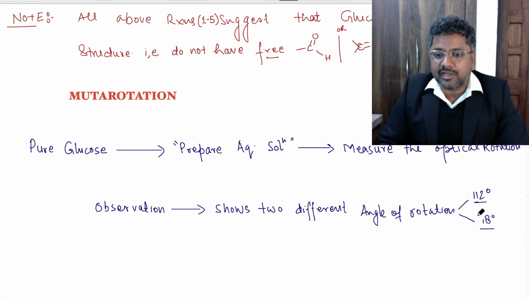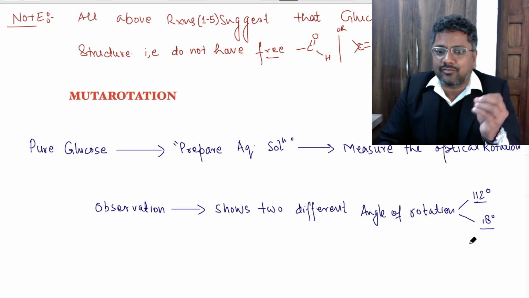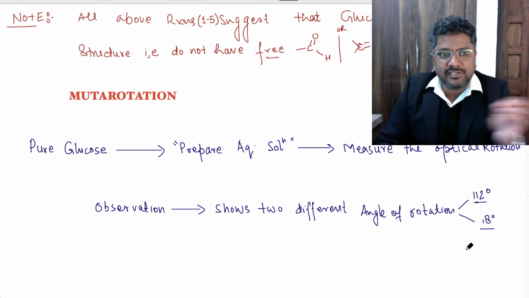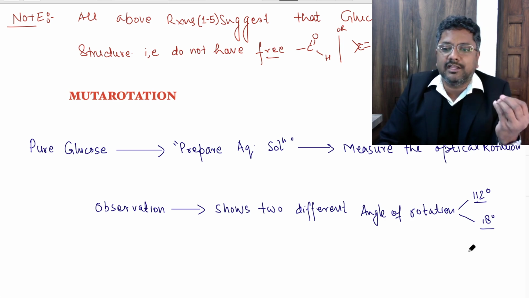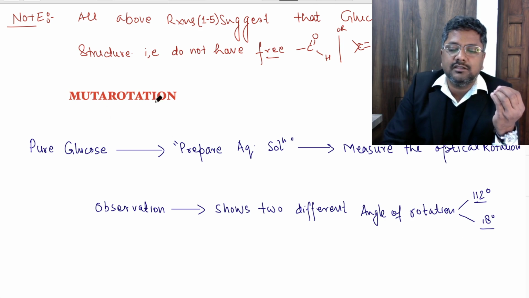And one more important point, this angle of rotation is not constant. This will change with time. So this change in optical rotation of any optically active compound with time is called mutarotation.